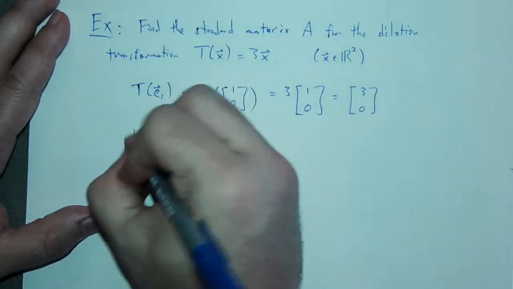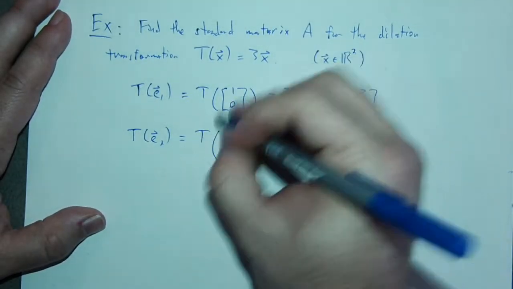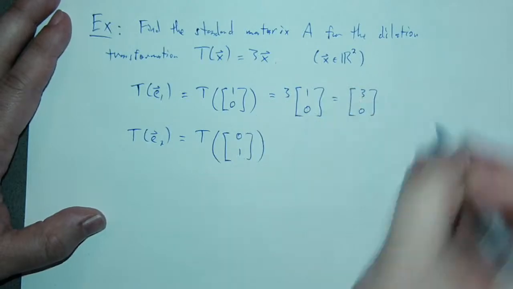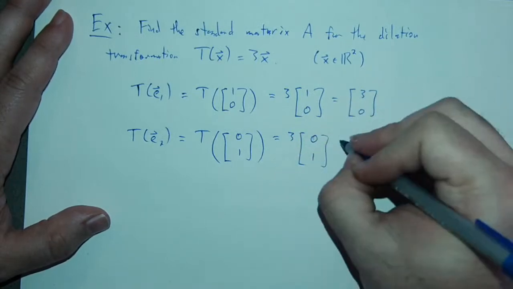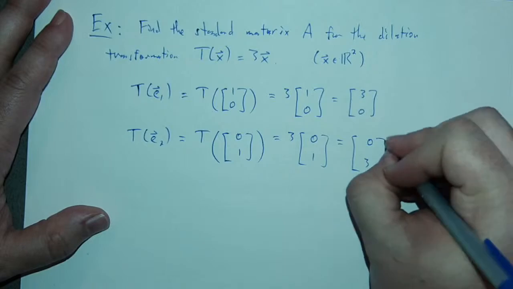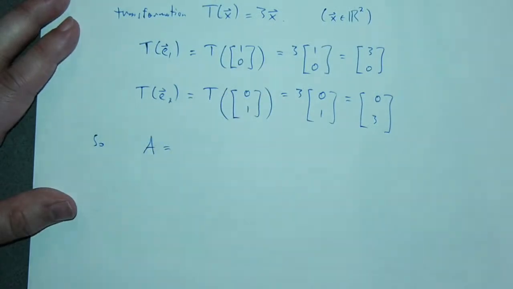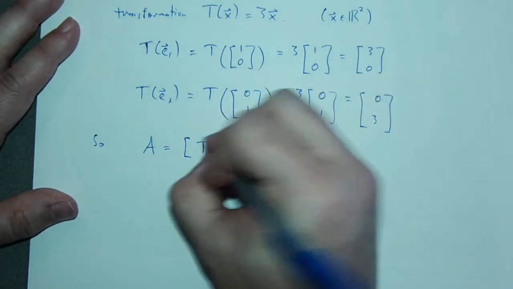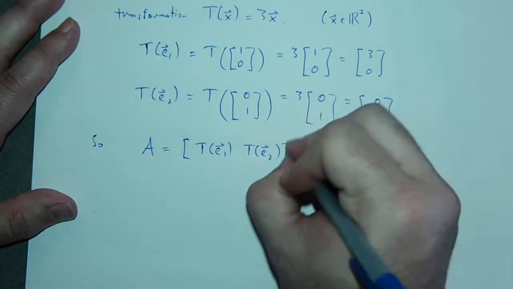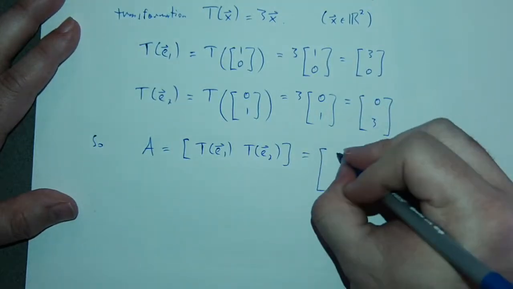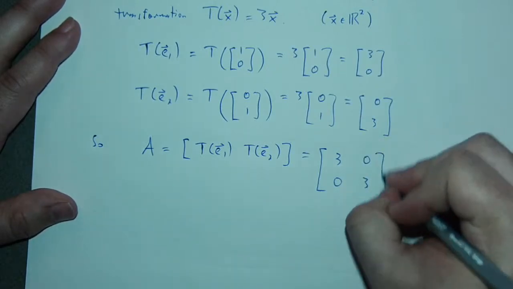What about T of e sub 2? This is the transformation applied to the vector 0, 1, which is 3 times 0, 1, the vector 0, 3. And so A, my standard matrix for the transformation, has columns T of e sub 1 and T of e sub 2. Reading column-wise, that is the matrix 3, 0, 0, 3.